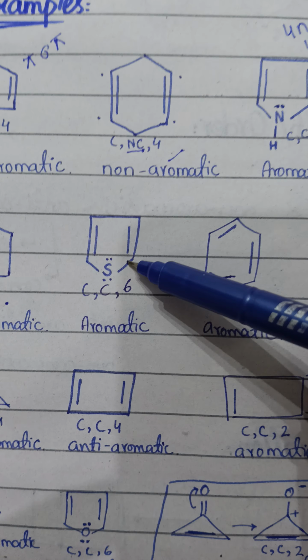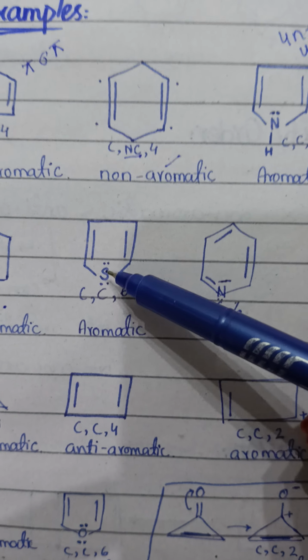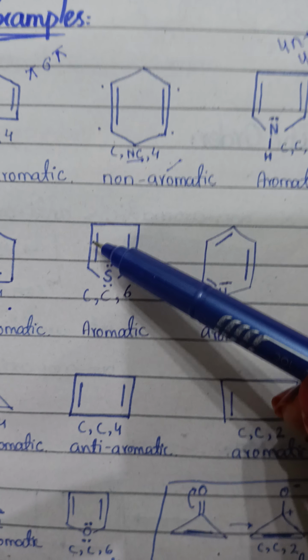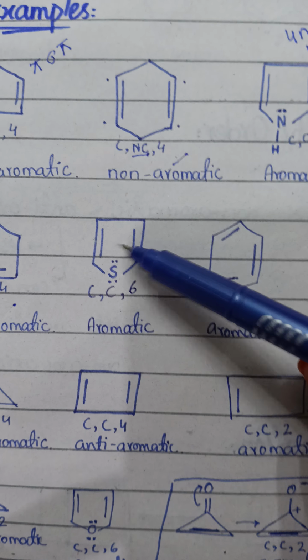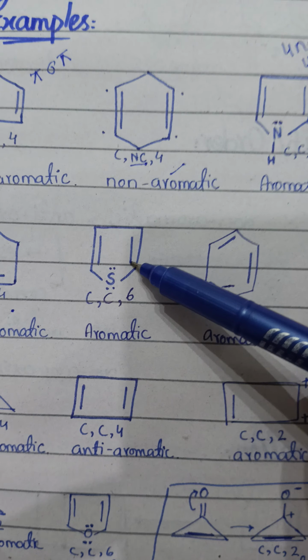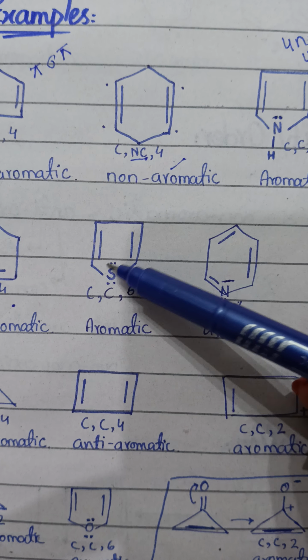Now we have this structure. In this structure we see that it is cyclic, and for the conjugation we have pi, sigma, pi, sigma, lone pair. So we see that this molecule has conjugation in it. Now we count the pi electrons present. First we have 1, 2, 3, 4, and 5, 6.